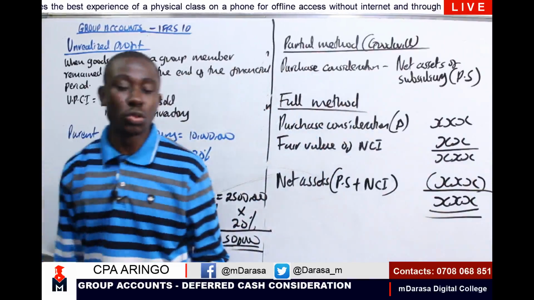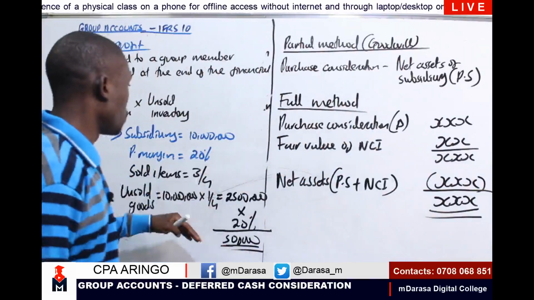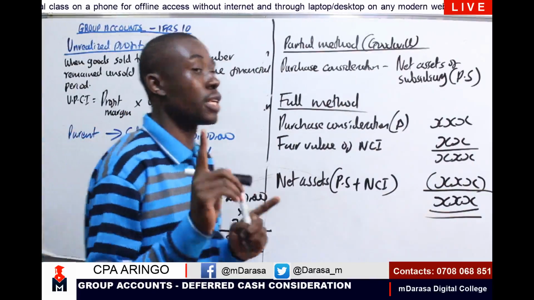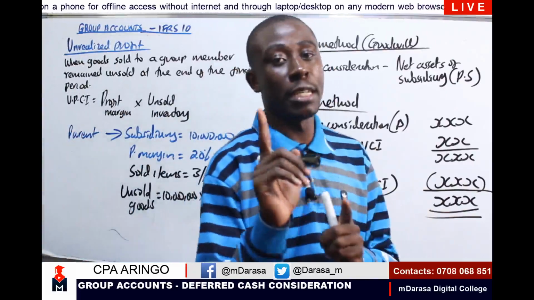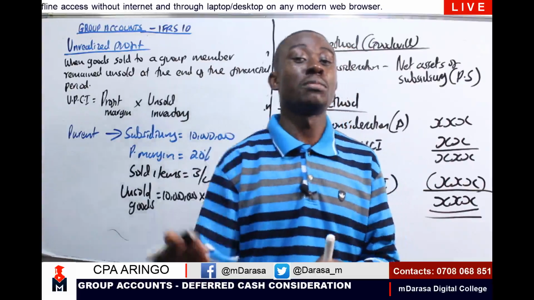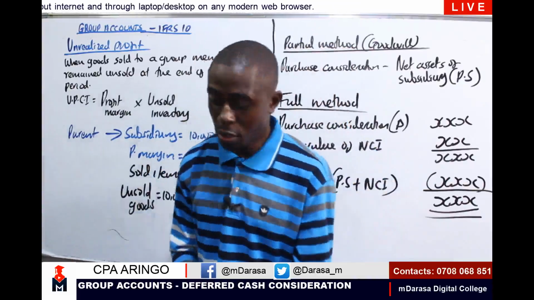And before we go to unrealized profit on a fixed asset, you'll find that in this context, my good student, on this unrealized profit, there's a very key concept that you must always consider. Basically, consider if it is a downstream transaction or an upstream transaction.